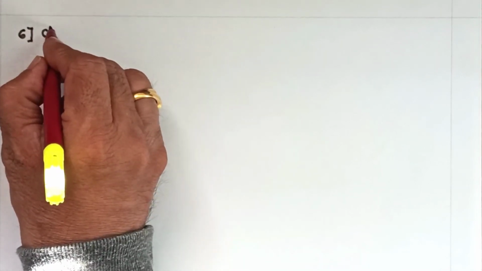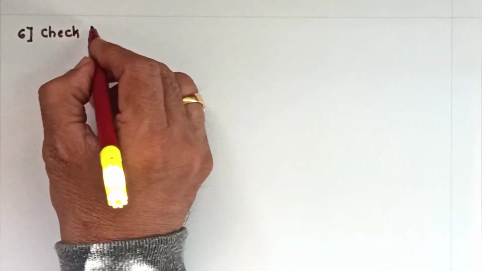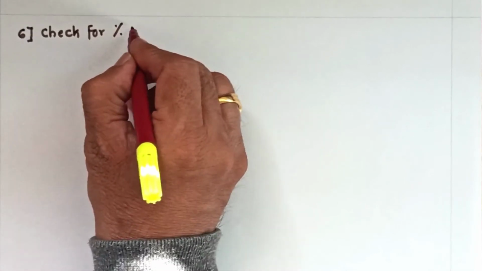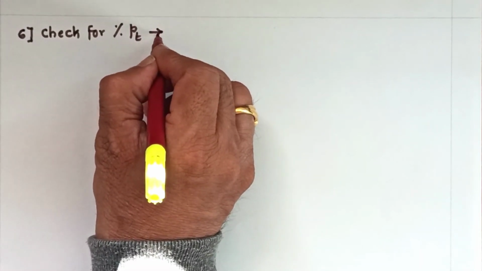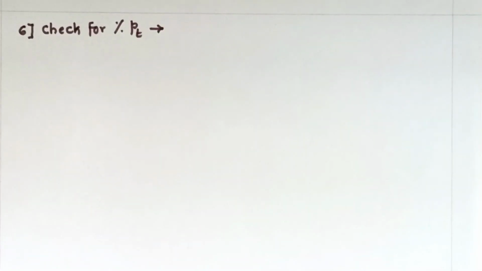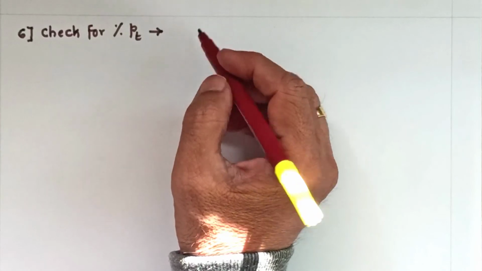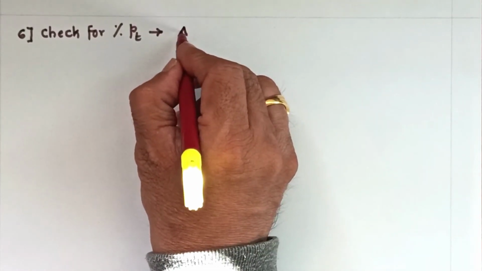Check for percentage PT. We have assumed percentage PT in the first step to calculate the value of the modification factor. So, we will have to apply the check. For percentage PT, we will first calculate AST actually provided.